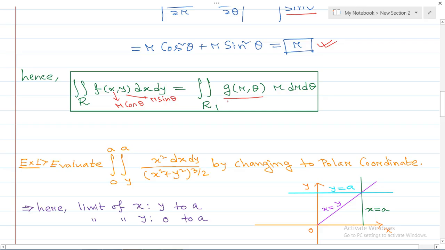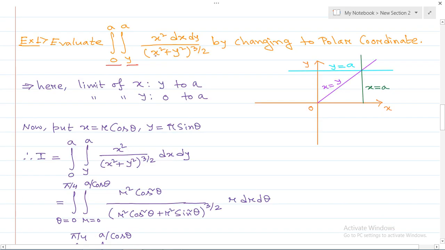Thereafter it will become a new function of r and theta, that is the function g of r, theta, and this dx dy will be replaced by Jacobian into dr d theta. Since the Jacobian value is r here, we get the value of dx dy as r into dr d theta.